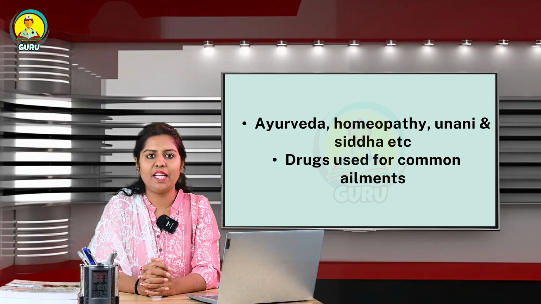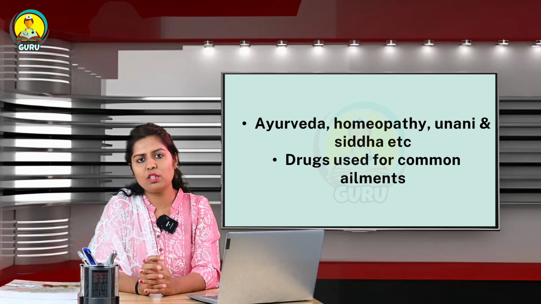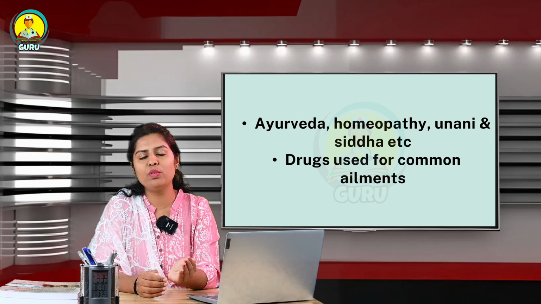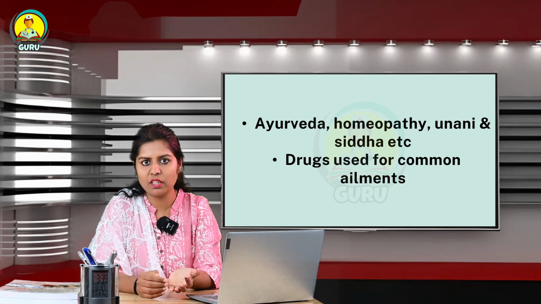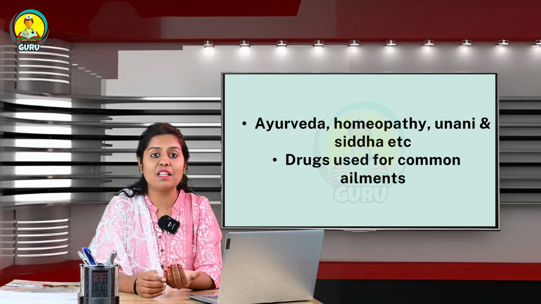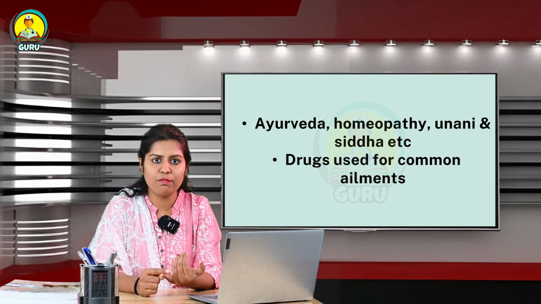Then next Unit 8, that is fundamental principles of prescribing. So here what and all principles we will follow during the prescription of drugs. What kind of patient we have got, whether he is old age, whether he is adult, whether he is a kid, we will see that and we will prescribe the drug. So here what is the role of nurse?